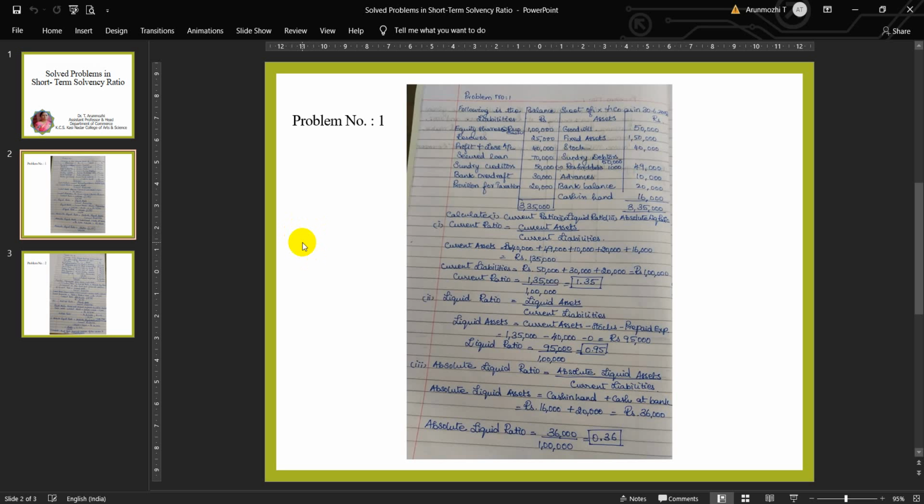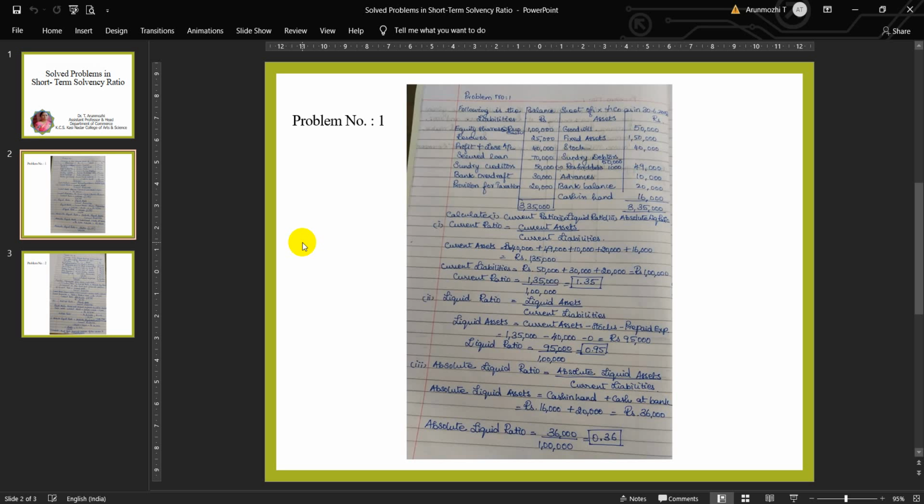Three types of ratios are there in short-term solvency ratio or liquidity ratio. Number 1, it is current ratio. Number 2, it is liquid ratio. Number 3, it is cash position ratio or absolute liquid ratio. Now we pass on to current ratio. The ratio of current assets to current liabilities is called current ratio.